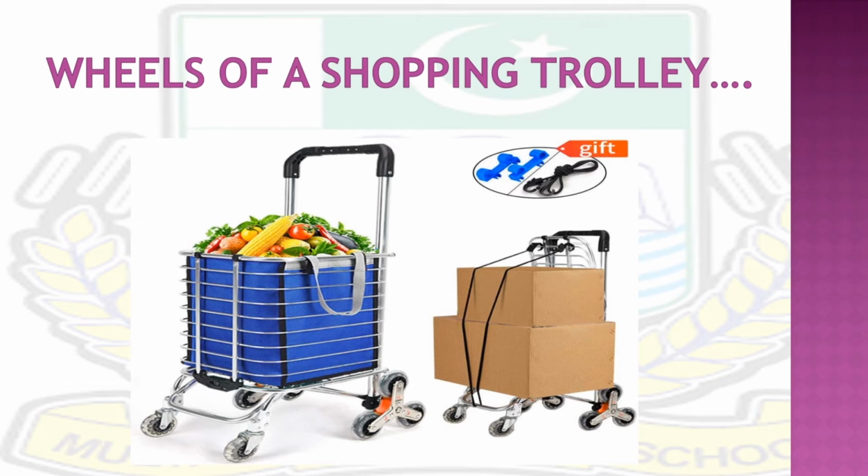We would need to exert a great deal of force to overcome the friction between the basket and the floor. So the wheel is an ingenious invention, and its circular shape reduces friction to a minimum. With less friction, it means we can move the trolley by exerting only a small force to overcome the friction beneath the wheels.